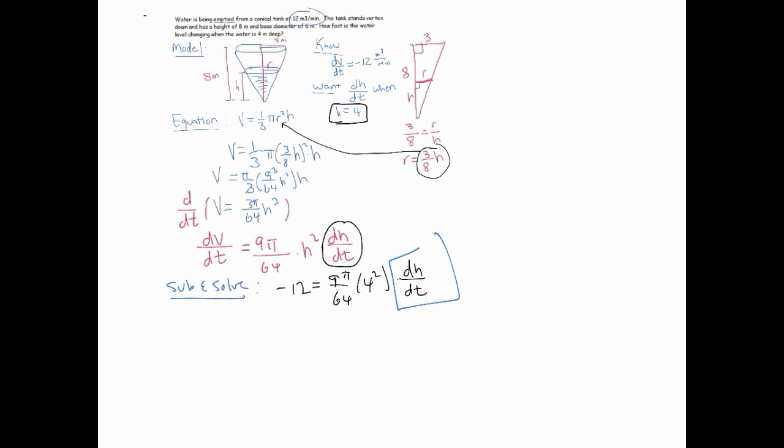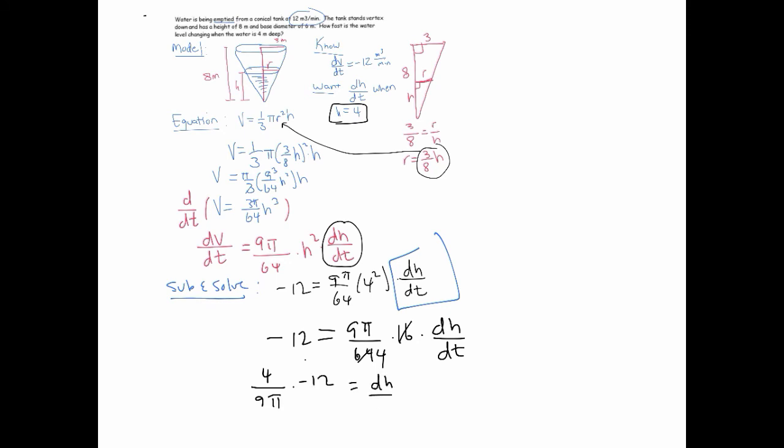So this is negative 12 equals, this here is a 16, so 9 pi over 64 times 16 times dH/dt, and this turns into a 4. So now I'm going to multiply both sides by 4 over 9 pi times negative 12.